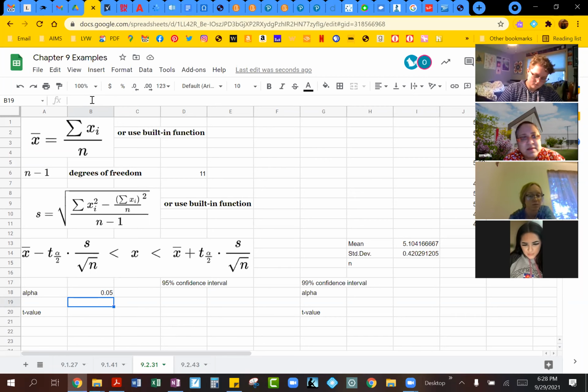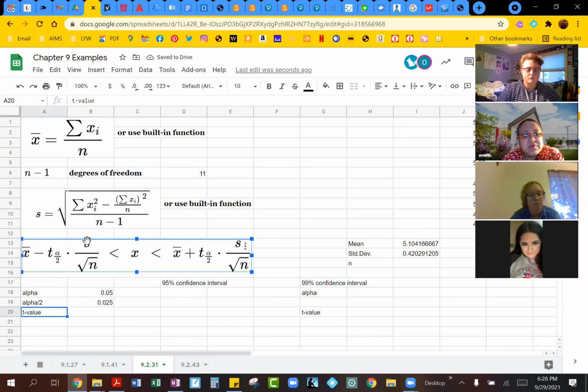And then, looks like I forgot to mention, alpha divided by 2 will come out to be 0.025. So now you are using this formula over here to calculate our lower bound and upper bound. Instead of the Z value, you will see this example uses the T value.